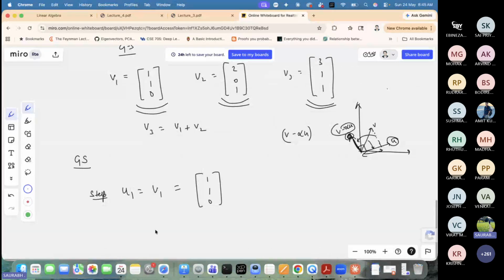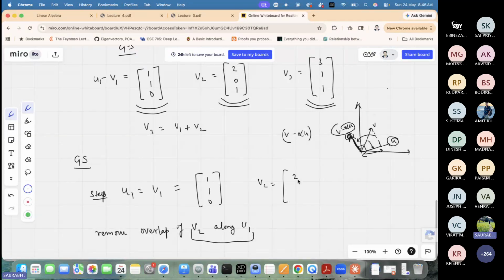Now in step number 2, we would want to remove the overlap of V2 along U1.